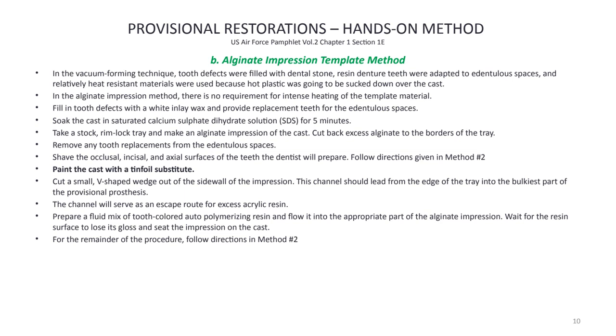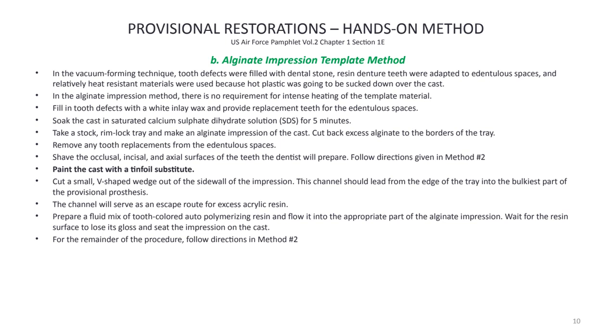So when the patient eats, when the patient talks, the tongue doesn't hit the area where the tissue was removed. So the clear aligner provisional restoration done this way allows for the healing process of the gums.